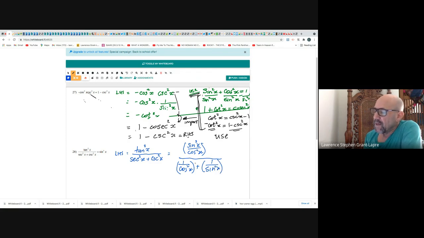On the denominator, I can make that one fraction. So I'll leave the numerator sine squared x over cos squared x. And then the denominator will become sine squared x plus cos squared x over sine squared x cos squared x.